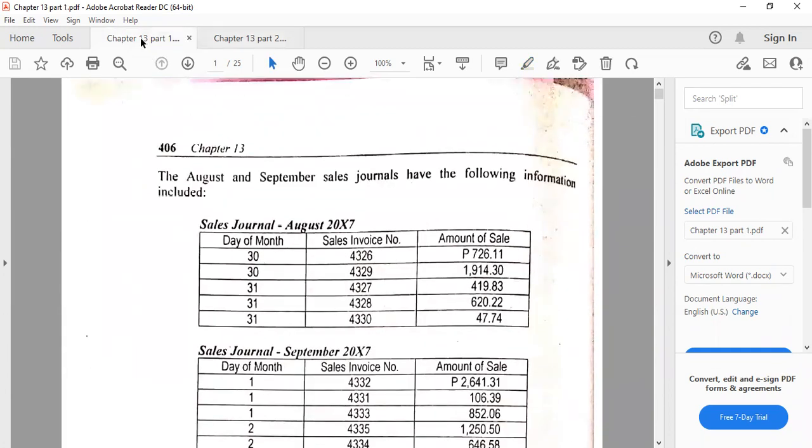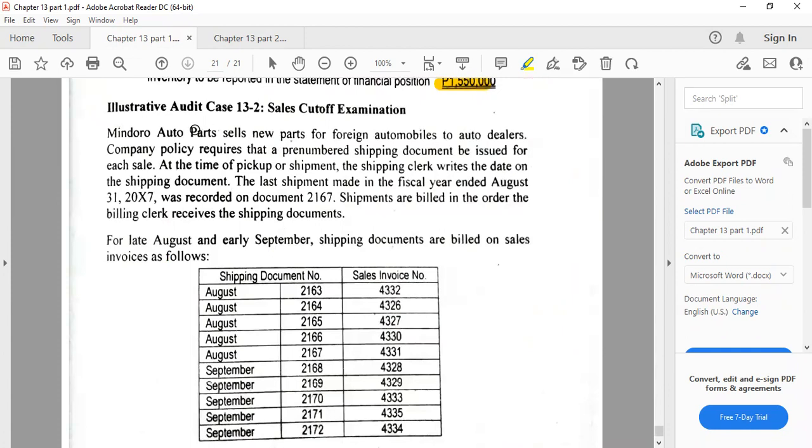Okay, we start here. I hope you can see I'm opening a second PDF file. Mindoro Auto Parts sells new parts for foreign automobiles to auto dealers. Company policy requires that a pre-numbered shipping document be issued for each sale. At the time of pickup or shipment, the shipping clerk writes the date on the shipping document.